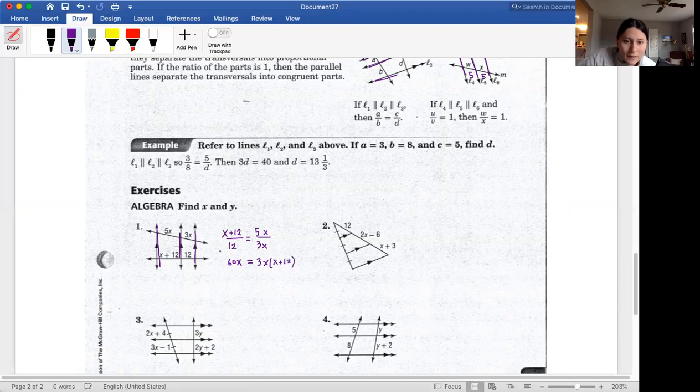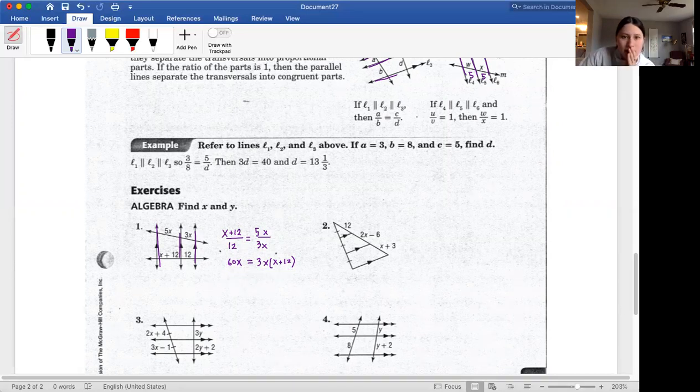Now, if I do this, guys, think about this. If I distribute this in, I'm going to have an x squared. So I think I'm going to try to be a little bit creative and solve by dividing everything by 3x. Because if I divide this by 3x, I can divide this by 3x. So when I do that, I get to bypass looking at a square root, which makes my life a little bit easier.